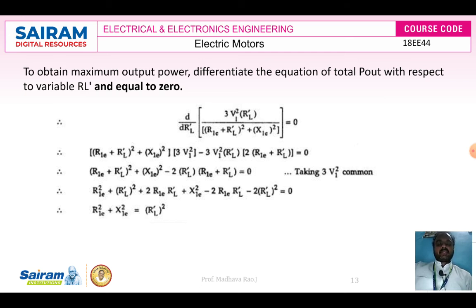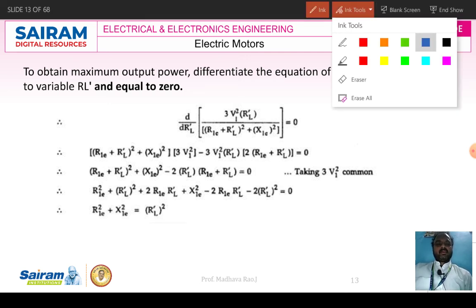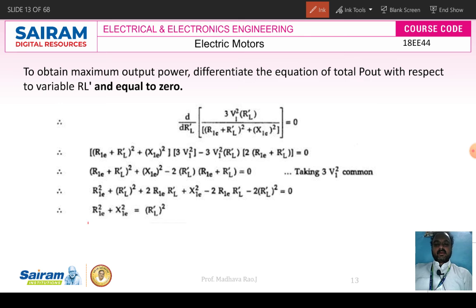We need to differentiate the output power equation with respect to RL'. After differentiation and simplification, finally you will get R1e square plus X1e square equal to RL' whole square.